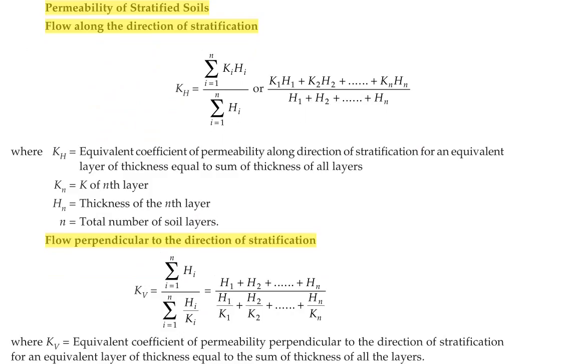The formula for coefficient of permeability at horizontal flow, Kh is equal to (K1H1 plus K2H2 plus etc. KnHn) divided by (H1 plus H2 etc. plus Hn), where Kh is the equivalent coefficient of permeability along the direction of stratification for an equivalent layer of thickness equal to the sum of the thickness of all layers, Kn is the K of the nth layer, Hn is the thickness of the nth layer, N is the total number of soil layers.